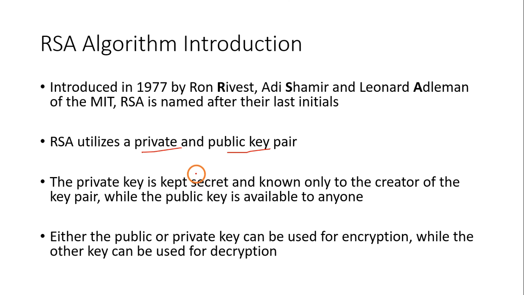The user has to first generate the two keys. The private key is always kept secret. It is not shared with anybody. Only the user who created the private key has it, and the public key is shared with everyone. It is available for everyone, and we can do encryption with either of the keys. That is, you can use the public or private key for encryption, and for decryption you have to use the other key.